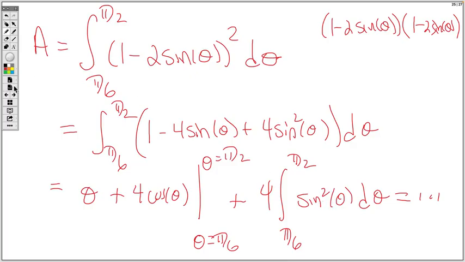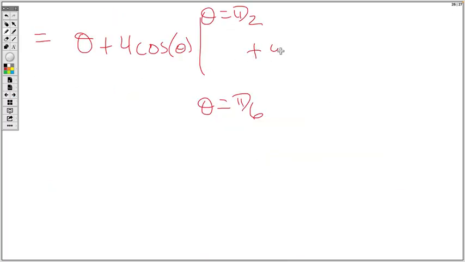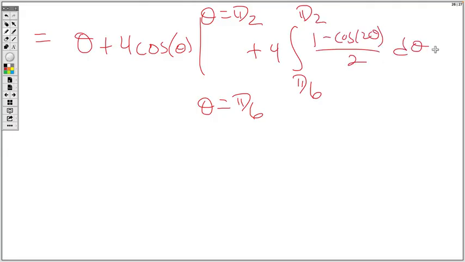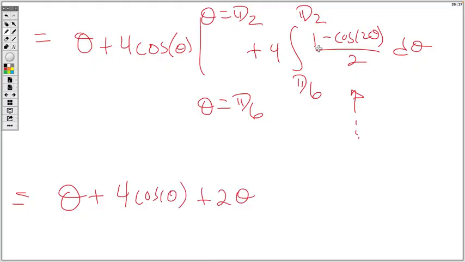This will pop out a 4 times (1 minus cosine 2 theta) over 2. And then you're on your way. So you're going to get a theta plus a 4 cosine theta. You've got the 4 over 2, which is a 2. That gives you a 2 theta.